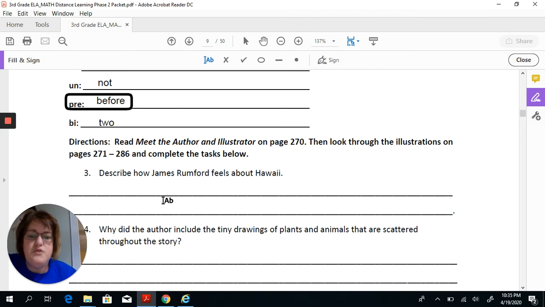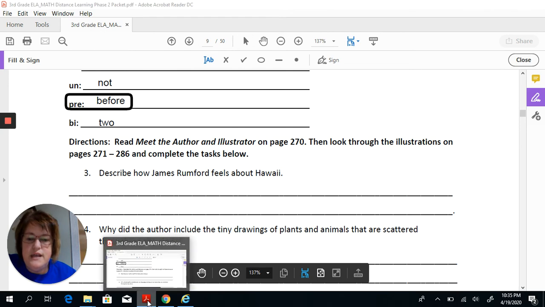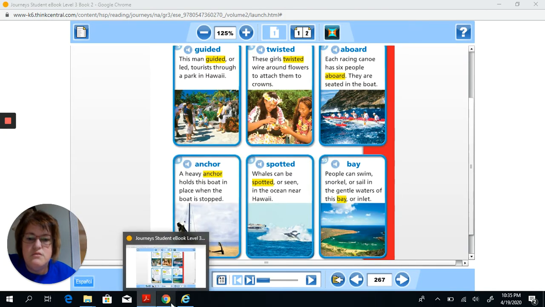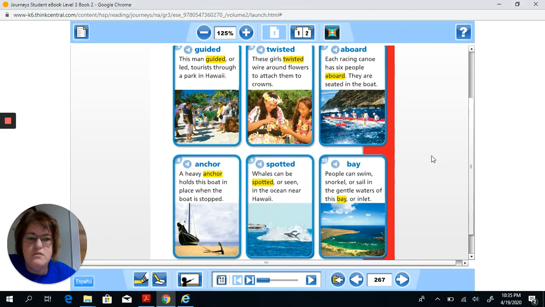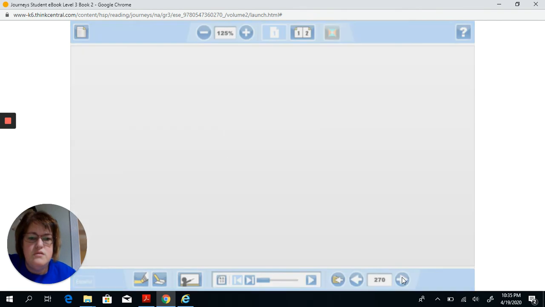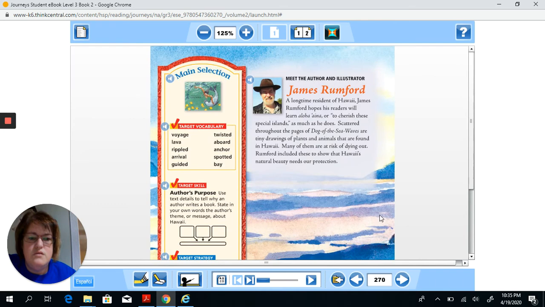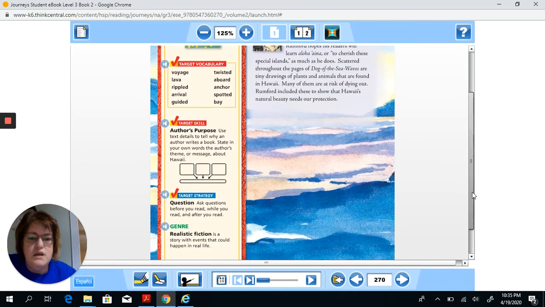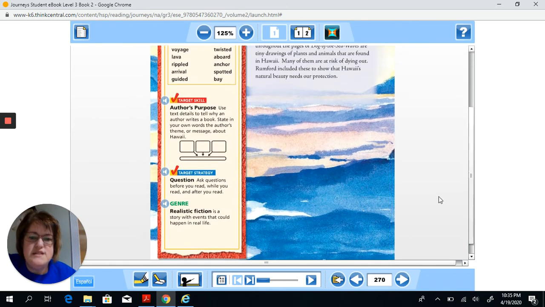Meet the Author and Illustrator on page 270. So if you'll turn in your book. And I know you remember from our other stories that I told you to always read and look over here on the left side.